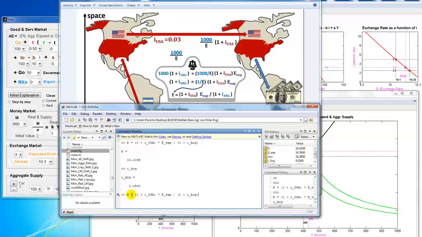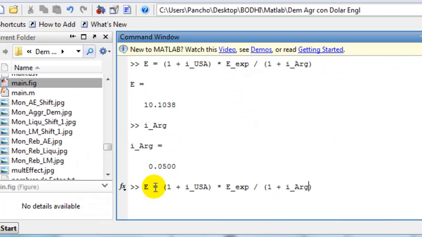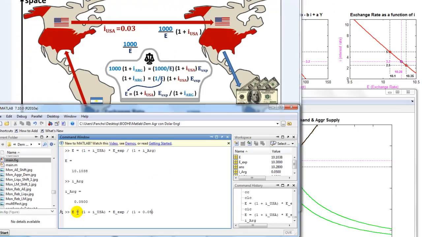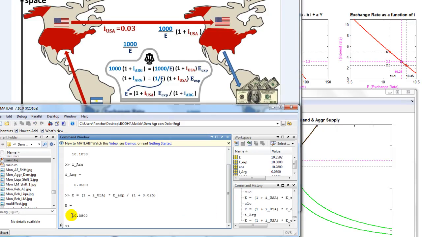So if the interest rate in Argentina goes from 0.05, 5%, to 2.5, then in this case the exchange rate should be 10.35, which is the 10.35 that we have here.